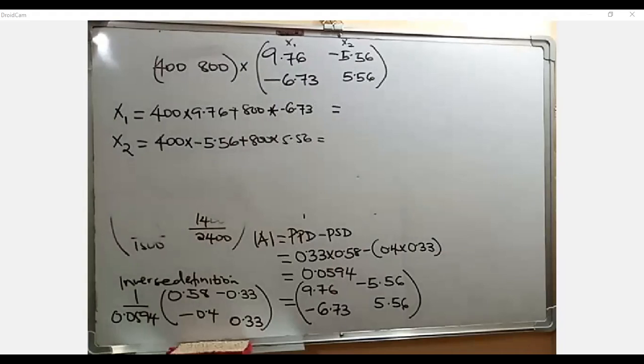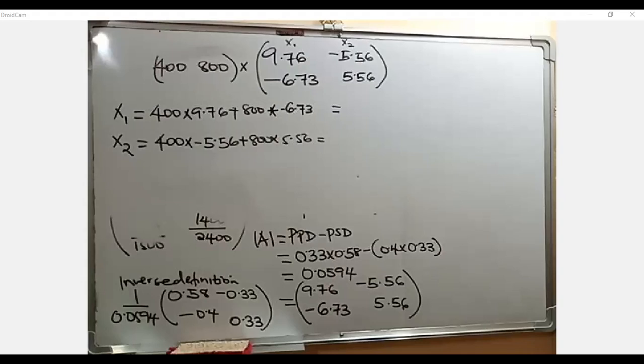So how much are we getting here? 400 times 9.76 plus 800 times negative 6.73. Let me look at it again.